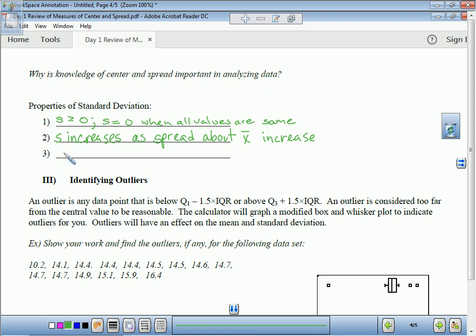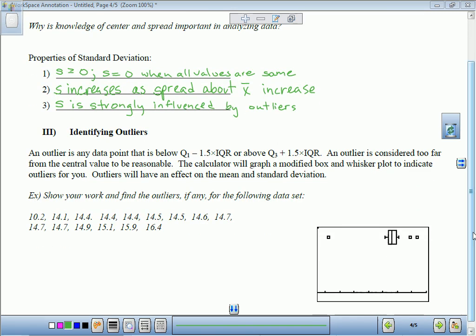Now, standard deviation, just like averages, can be strongly affected by outliers. So we have to find a way of determining outliers, and then sometimes when we do statistics, we will eliminate those outliers so they don't affect our data.